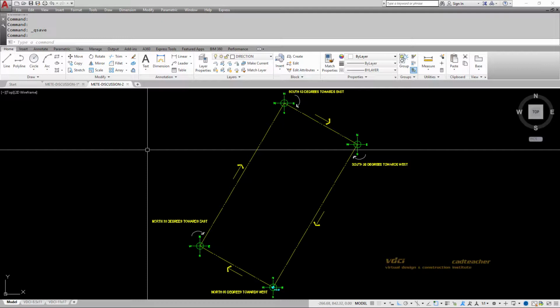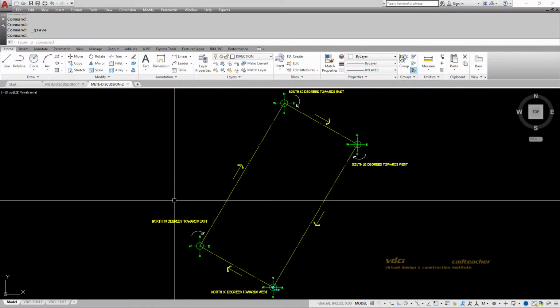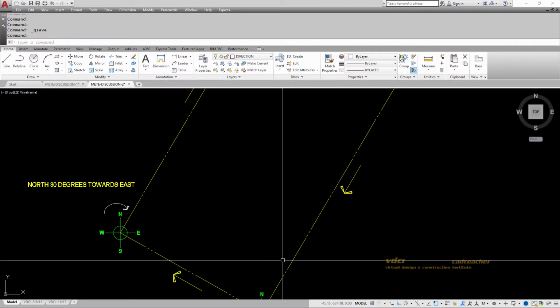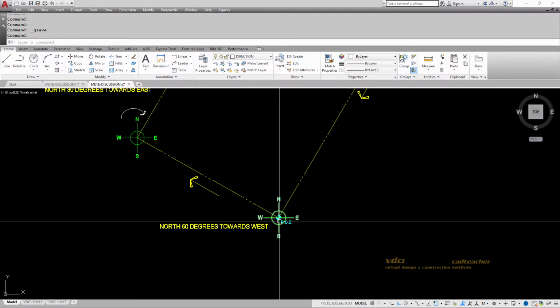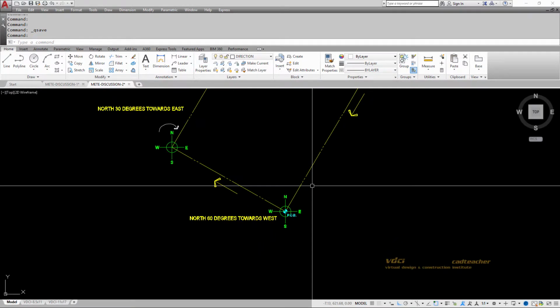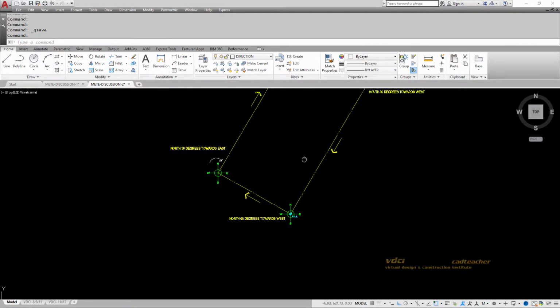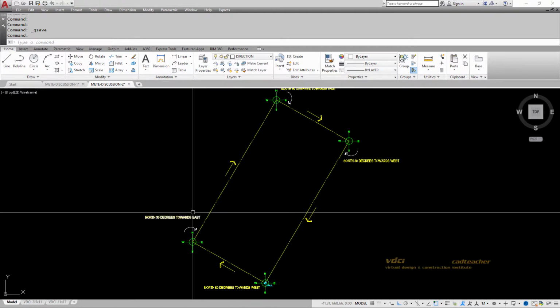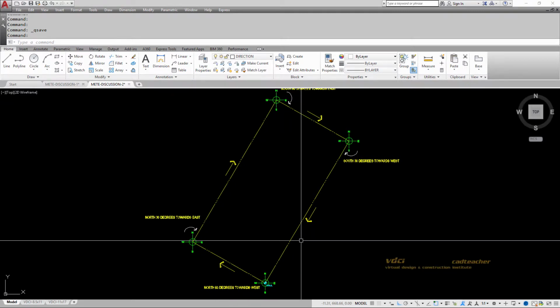So now I have taken this very same property and I've rotated it 30 degrees. Let's zoom in. I have my point of beginning, and again, what we're doing in this example is going clockwise around the property.